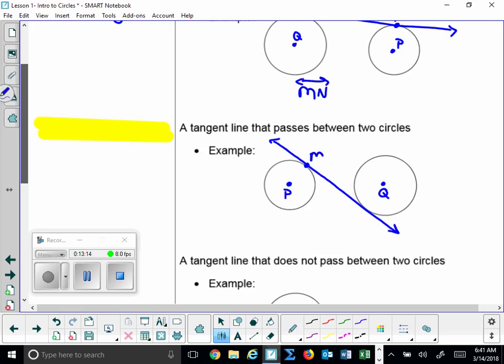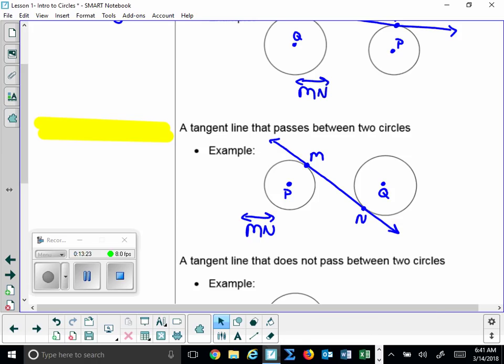I'll make this M. I'll make this N. I know it passes between two circles. If I connect the centers with an imaginary line, this tangent actually intersects that imaginary connection between the centers.